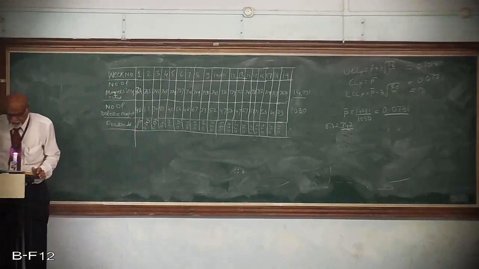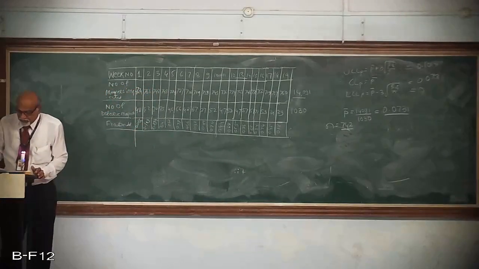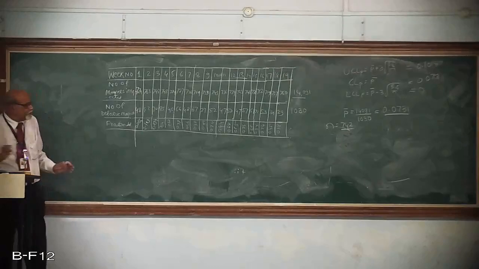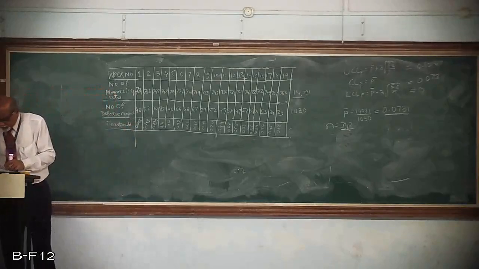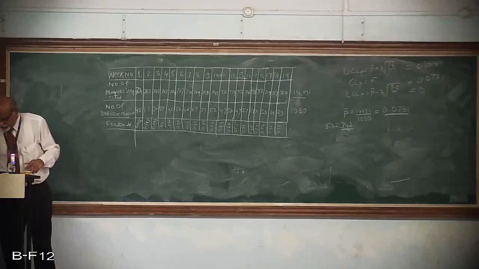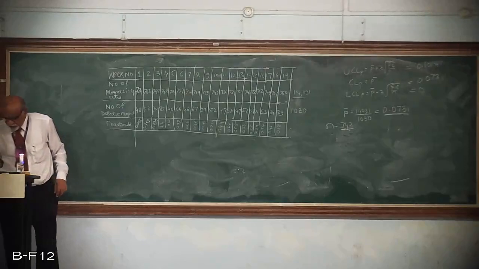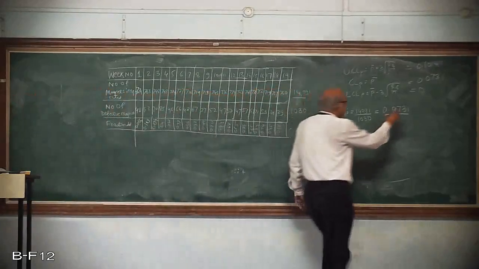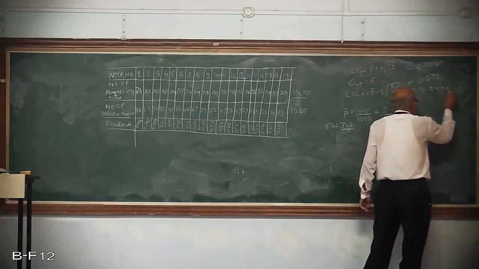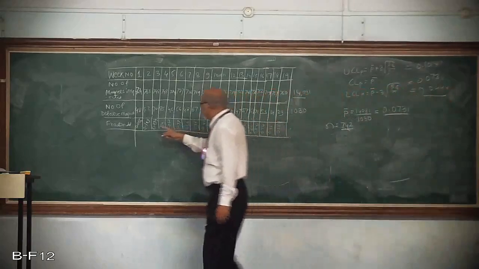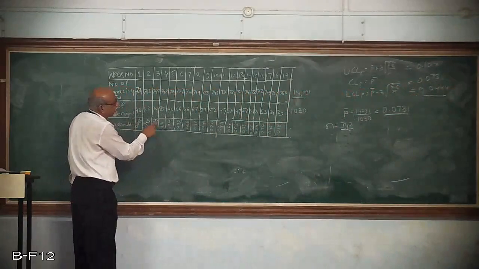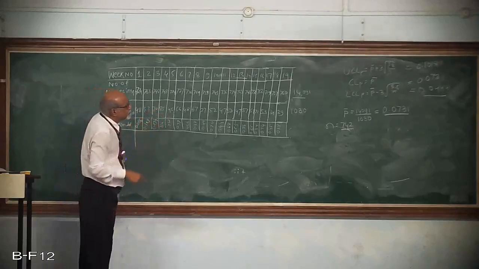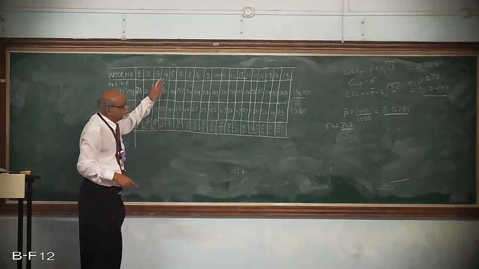If we look at it, the second and fourth samples. Sorry, the lower control limit is 0.0444, not 0. Now, which will cross this? The second and the fourth are more than the upper control limit, namely 0.1018. So this is out of control.